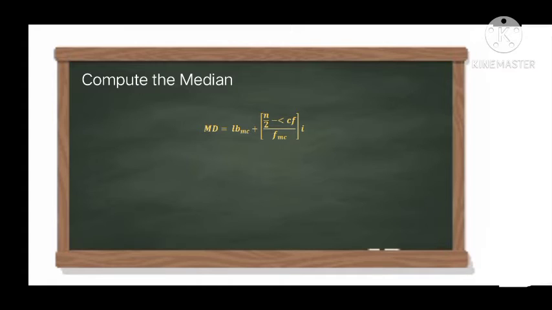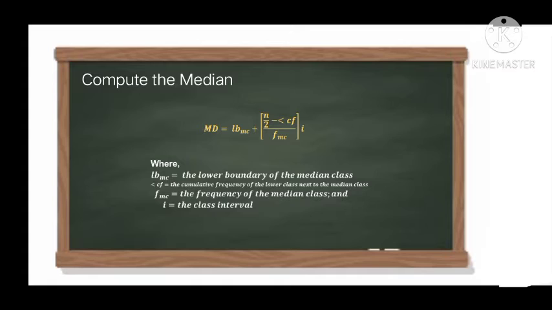MD is equal to the lower boundary of the median class plus the quantity of 1/2 of the total number of observations minus the less than cumulative frequency, divided by the frequency of the median class, times the class interval or the class width, where LB sub MC is the lower boundary of the median class, less than CF is the cumulative frequency of the lower class next to the median class, the frequency of the median class, and then the class interval.